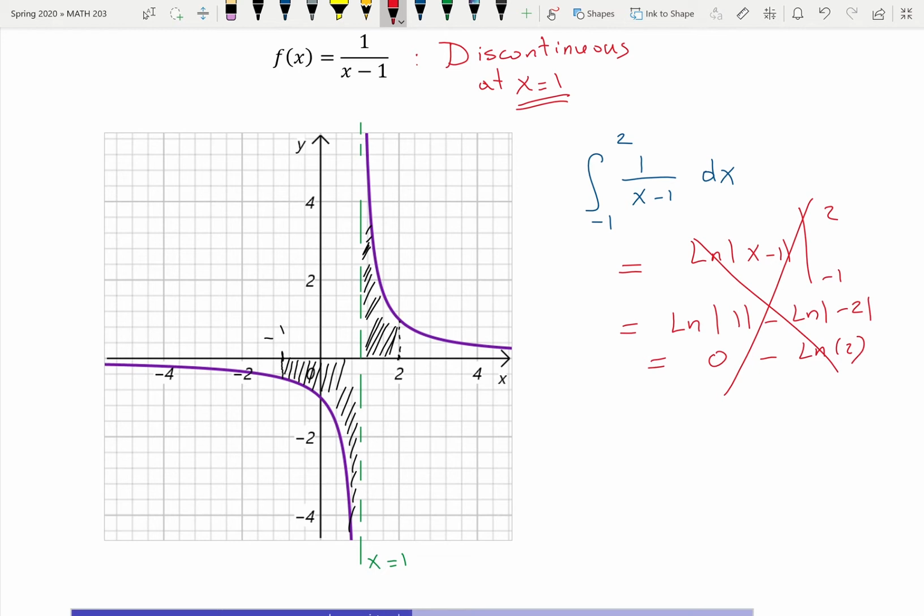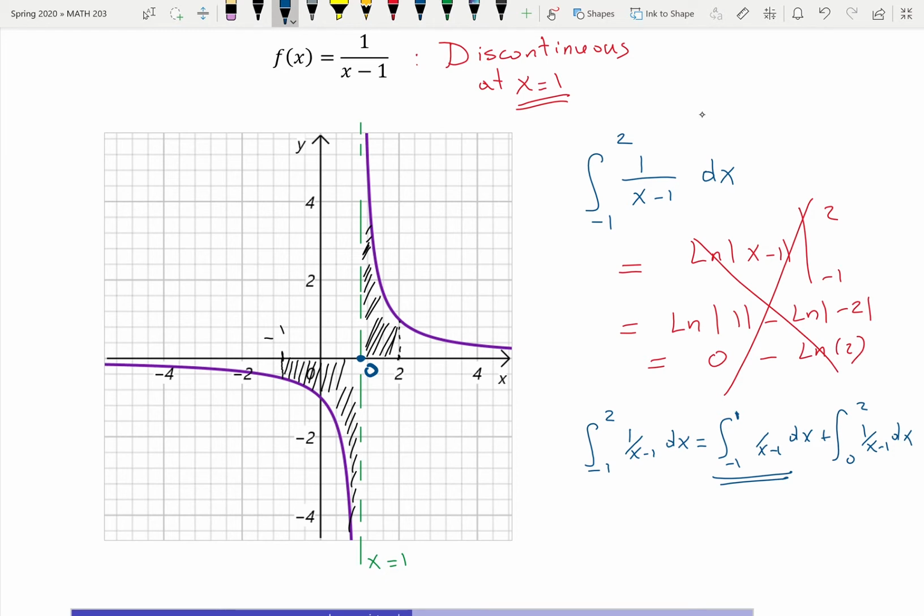So what do we do in this case? Well, this is a type 2 improper integral, so that's how we treat it. I know that the problem that I have is at 1. So what we do is we split the integral from negative 1 to 2 of 1 over x minus 1 dx into the integral from negative 1 to 1 of 1 over x minus 1 dx, plus the integral from 1 to 2 of 1 over x minus 1 dx.